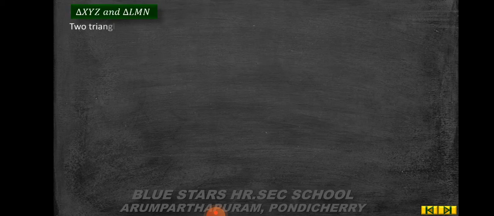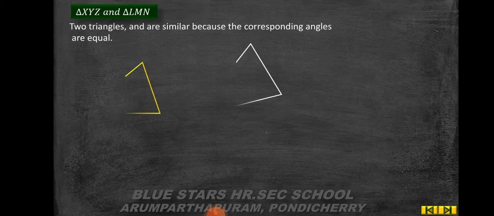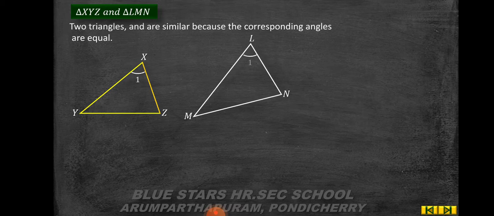So triangle XYZ and triangle LMN. Two triangles are similar because the corresponding angles are equal. So angle X and L is angle 1, Y and M is angle 2, Z and N is angle 3.